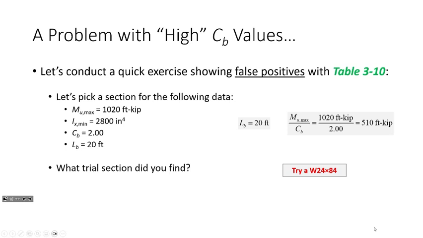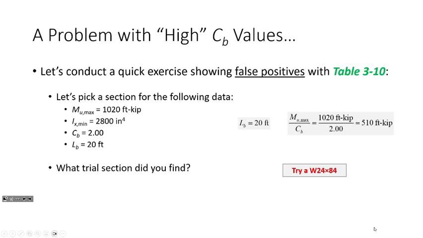What's phi Mp for a 27x84? I'm just curious. 915. Okay. My point's still getting made.